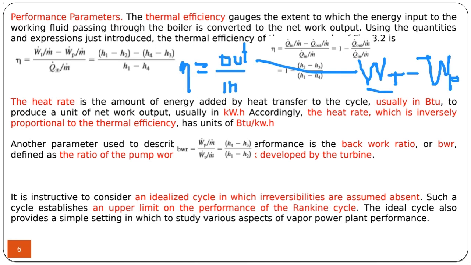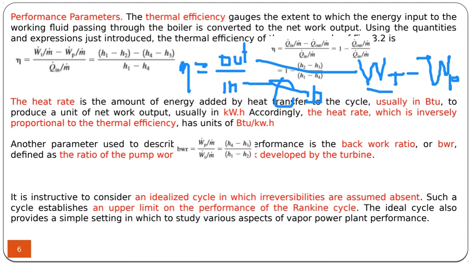And input is the boiler heat. So when you write the efficiency in terms of enthalpies, you get an equation like this. Or you can also write it in terms of Qs.